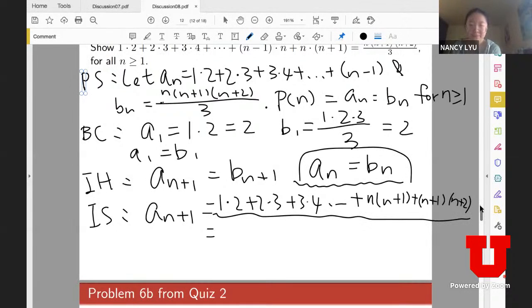If you look at this part, just discard the last term. What is the sum of these terms? It should be clear enough. That's A_n, right?